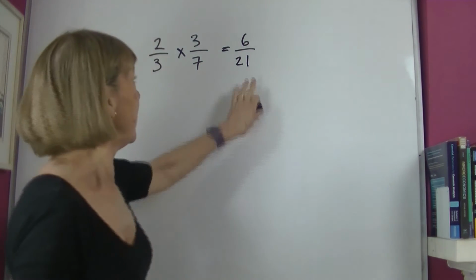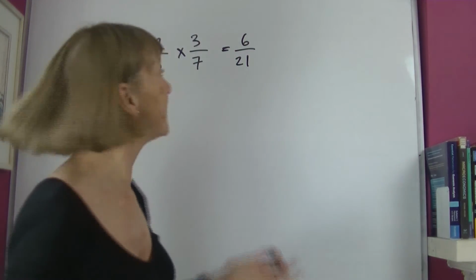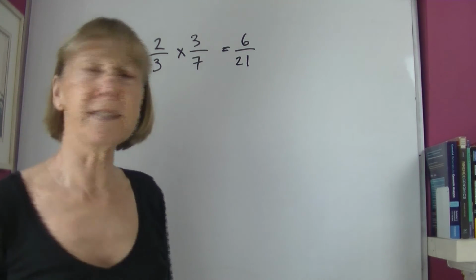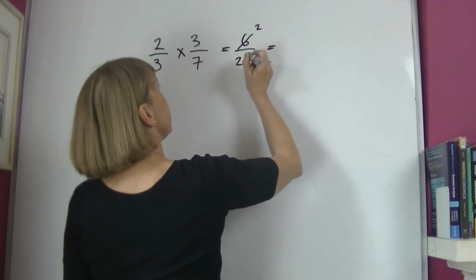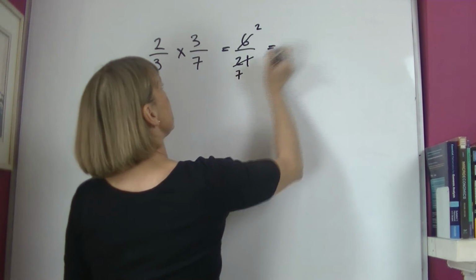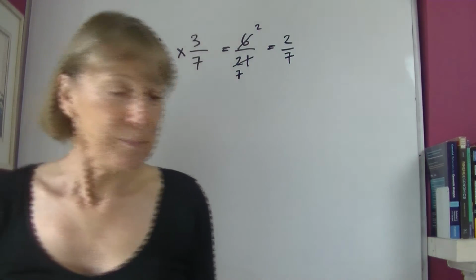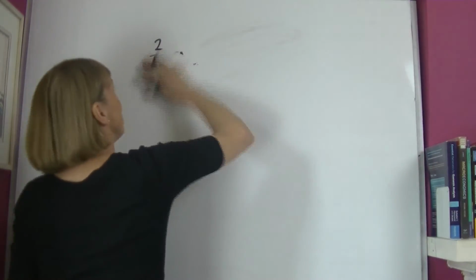It's that straightforward, and we like to present the answer in simplified form, so we look to see if there are any common factors, and we can see that actually 3 could be divided into both of these. So 3 goes into 6 twice, 3 goes into 21 7 times, so the answer is 2 sevenths. All right, so nothing difficult about multiplying fractions.